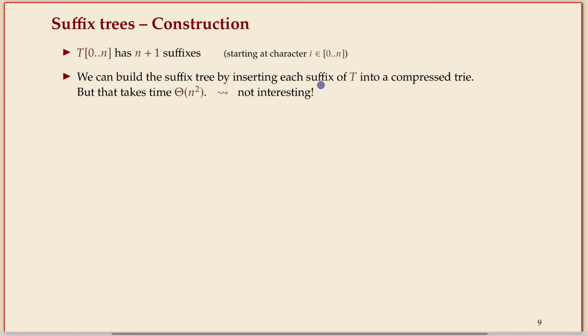The most straightforward way is to build the non-compact trie first, then compact it, and then replace in the leaves all those strings by just the starting index. The problem is that this takes essentially quadratic time, because the first half of the suffixes all have at least n/2 characters, and you always have to traverse the trie. So that alone already takes quadratic time, even if you're not starting with a standard trie. So that doesn't work.